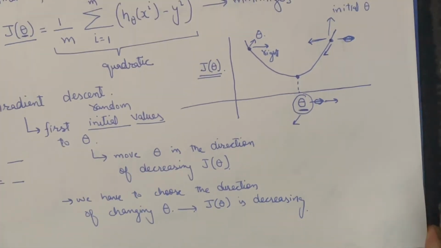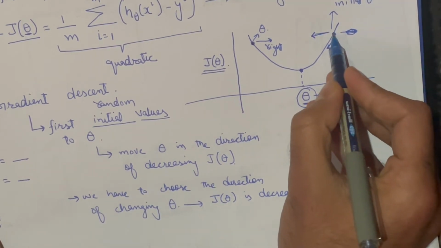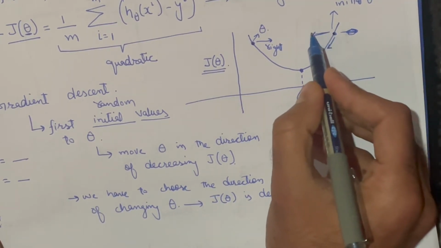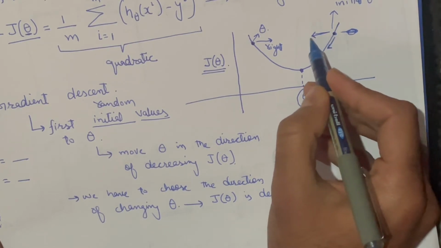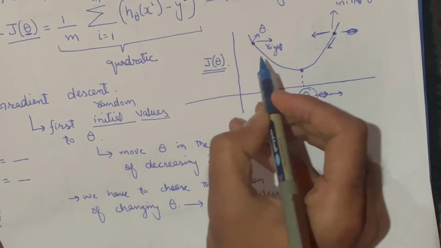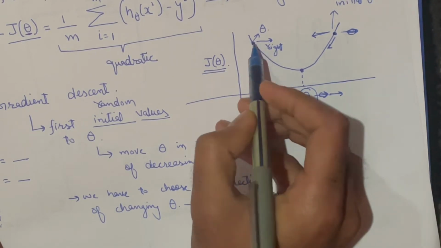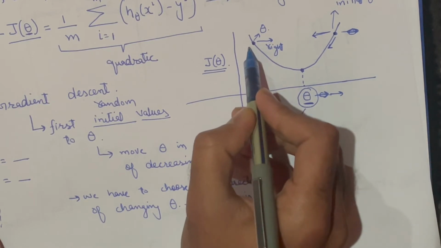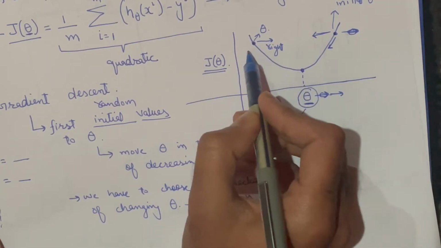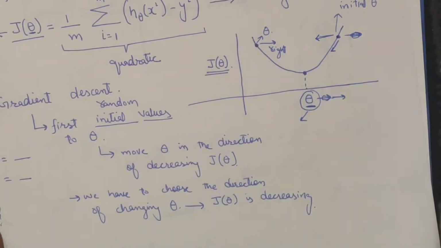For example, if my theta was here, I have to move in the left direction, because J theta is decreasing in the left direction. However, if my theta was here, then I have to move in the right direction, because J theta is decreasing if I move in the right direction. Okay.